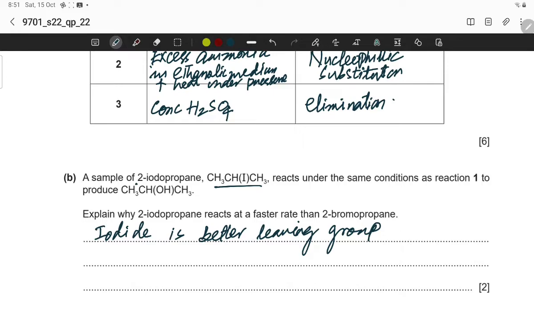because iodine is in group 7, with fluorine, chlorine, bromine and iodine. So down the group atomic radius increases. So iodide is a better leaving group due to the larger atomic radius and larger bond length. So it is easy to break the bond between carbon and iodine.